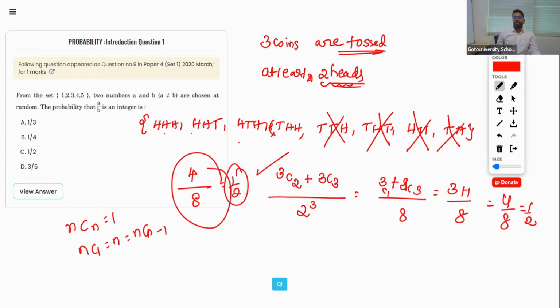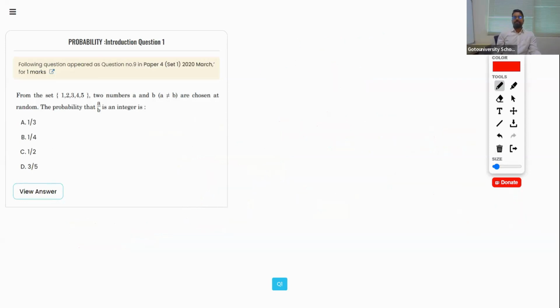Now, can we give one more example like this? Yes. 5 coins are tossed. What is the probability of getting at most 3 heads? Now, what is the meaning of at most?